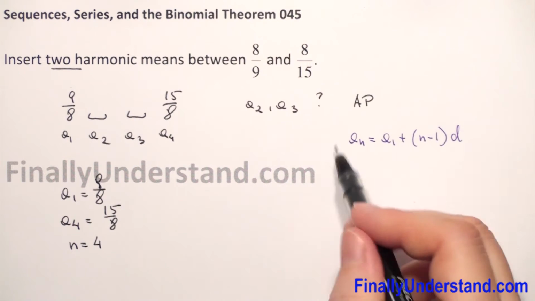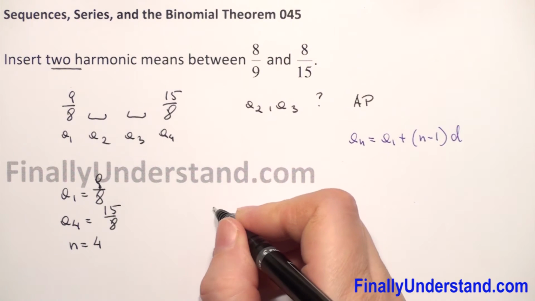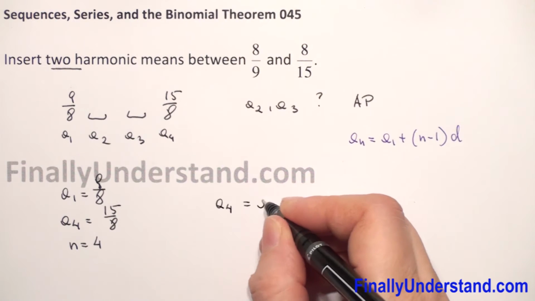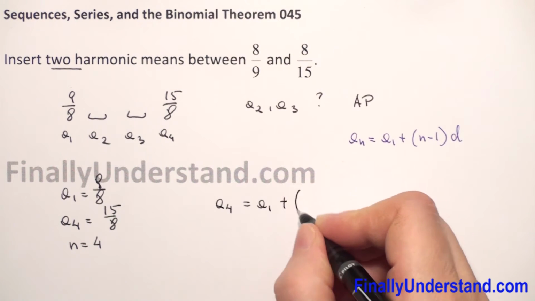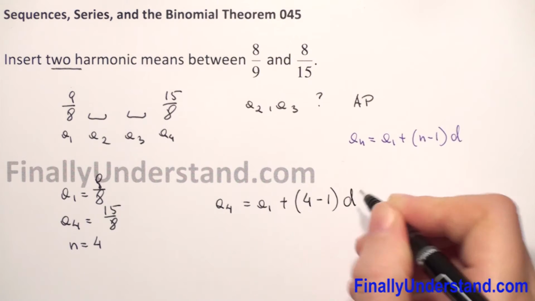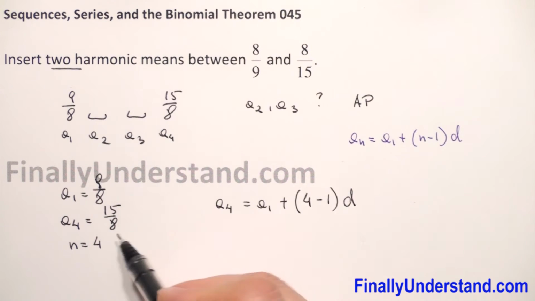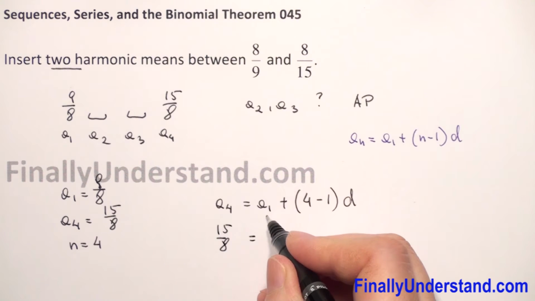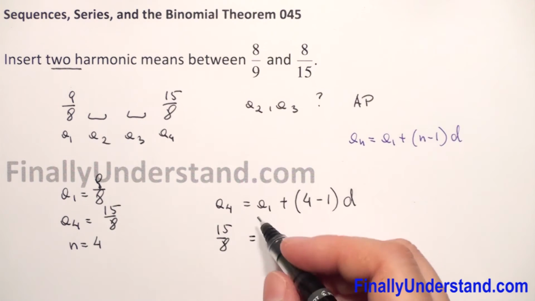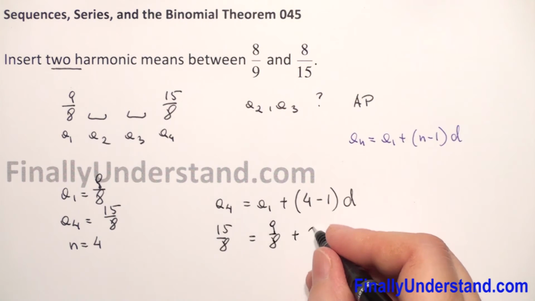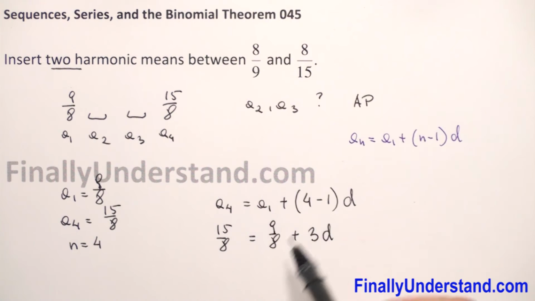Now when we substitute into this equation, we can write that the A4 term of the arithmetic progression is A1 plus n, which we substitute by 4, minus 1 times d. A4 is given as 15 over 8, A1 is 9 over 8, plus 4 minus 1, which is 3, times d.